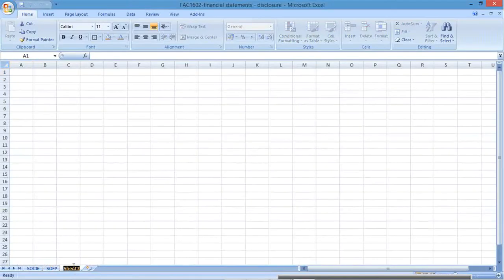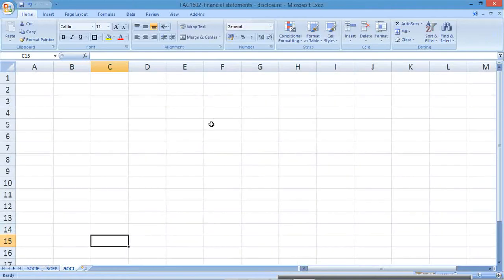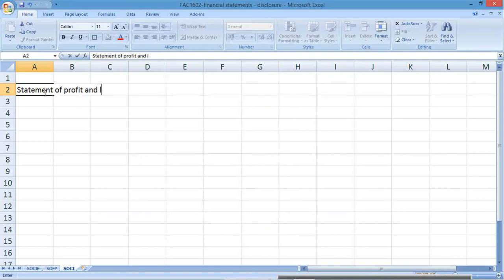Okay, so now we need to open up a separate page and label that SOCI. And then we need to show the sales, cost of sales, gross profit, income and expenses. Good.